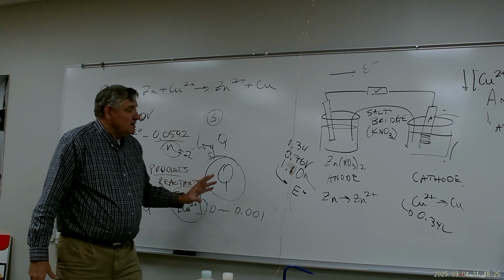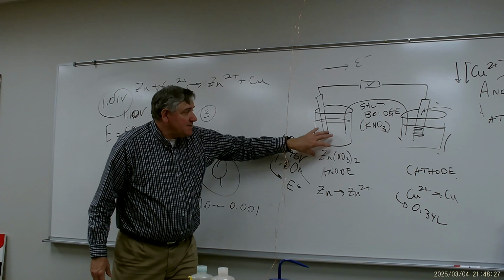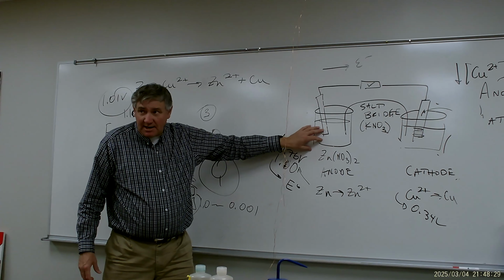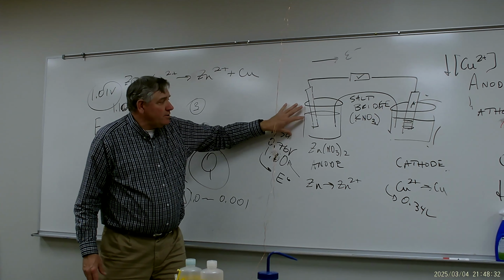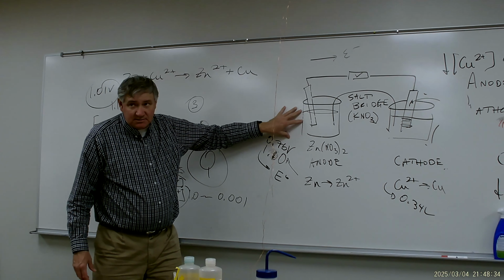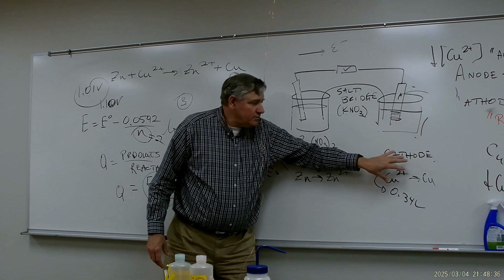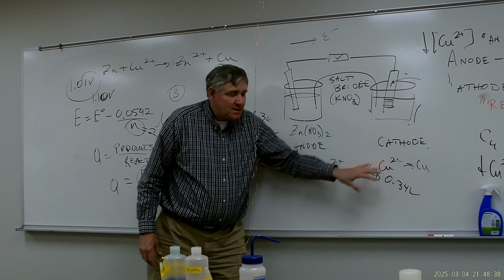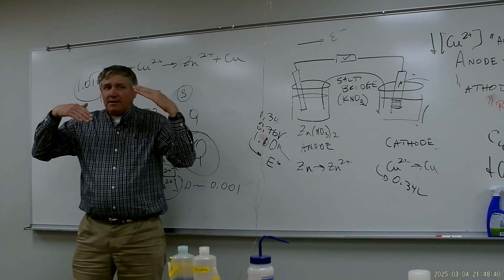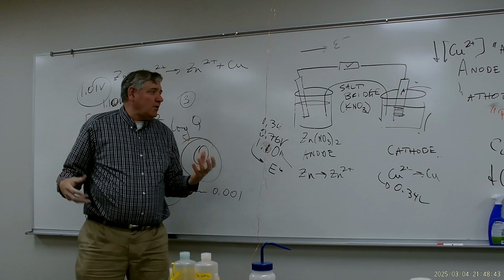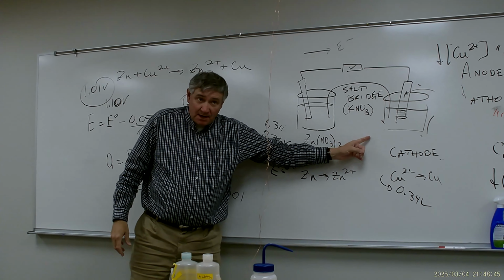Okay? Now, keep in mind what's happening here. You're making zinc ions. If I had a really, really high concentration of zinc ions and a really, really low concentration of copper, E would get way out of whack because of the fact that you're going, wow, this is really crowded and there's not many people over there.